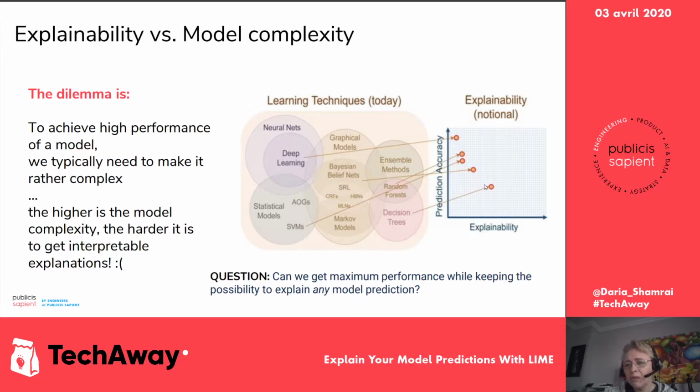But they are not so performant. When the latest architectures of neural networks are super performant, but they are really hard to explain. So we are facing a question: can we get maximum performance while keeping the possibility to explain pretty much any model prediction? I think it would be cool if we can.